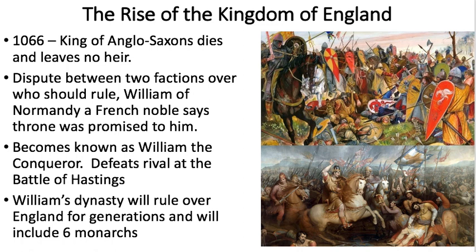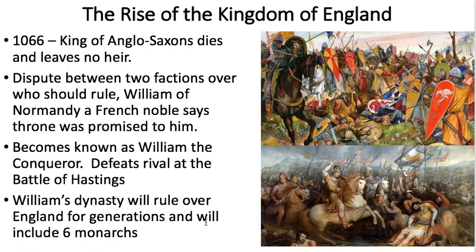He's one of the few people to successfully invade and take over England in history. He defeats Harold, his rival, who gets killed in battle, as you see here. Oh, and he's like, I'm William, I got a crown and a helmet. And this guy's like, yeah.